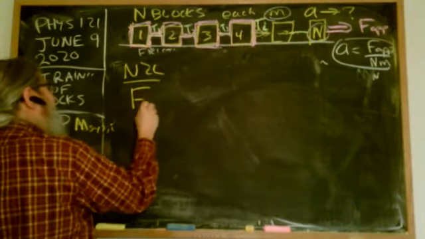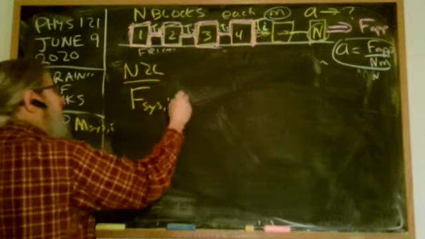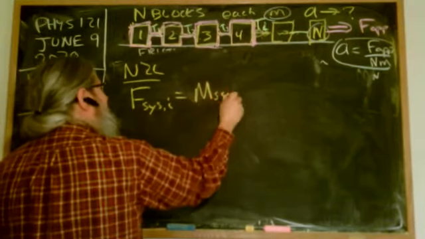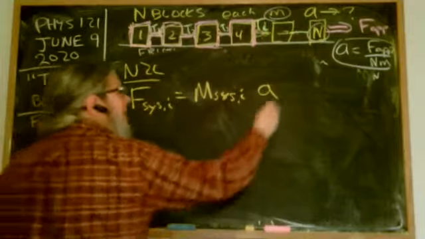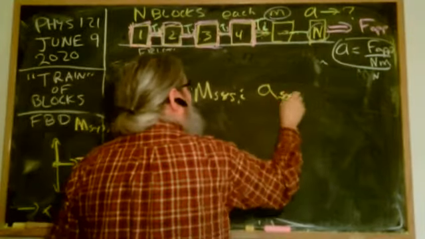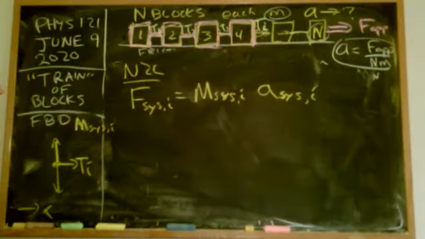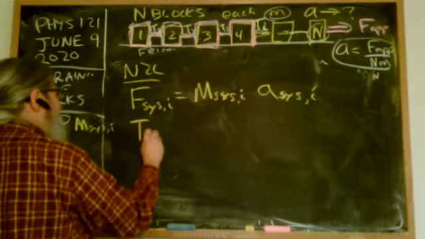F net on the system for the system made of i blocks is equal to the mass of that system. So I'll call this M_sys,i, times the acceleration of that system, a_sys,i. That's Newton's second law, F equals ma. Well, the only force on the system is T sub i.